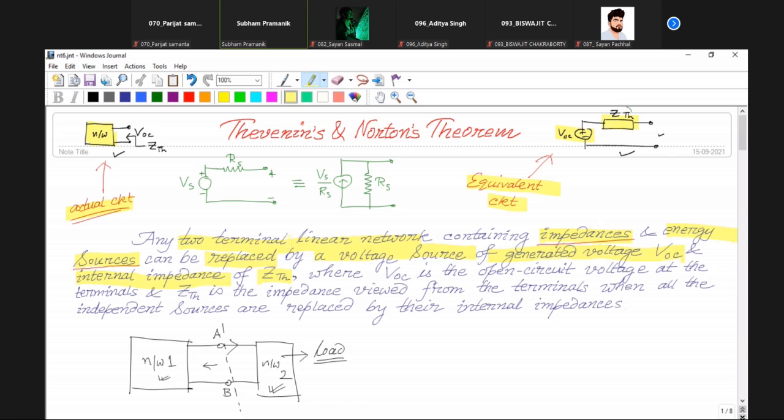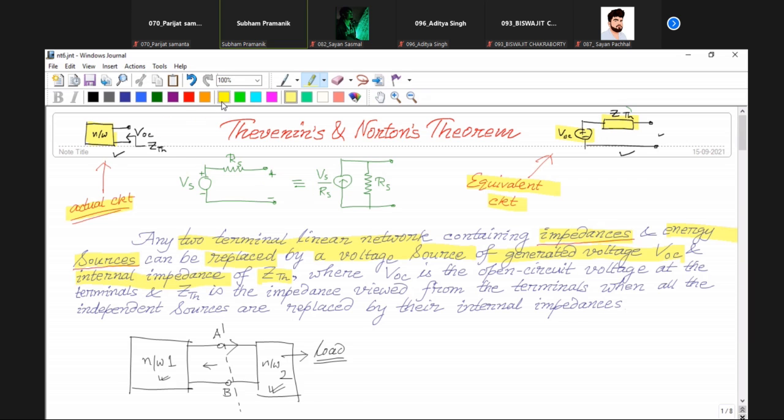Internal impedance of ZTH means that ZTH will appear in series. Internal impedance of a voltage source appears in series. Even without knowing the internal circuitry of that black box, one can convert that black box into an equivalent circuit having a voltage source and an internal impedance.